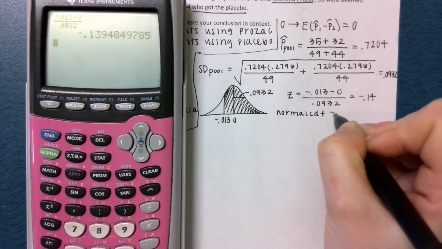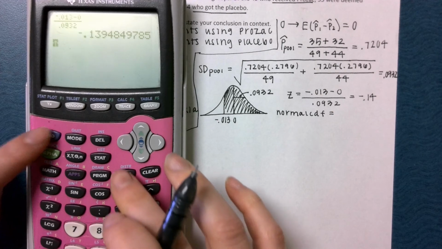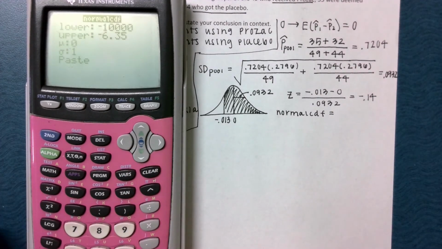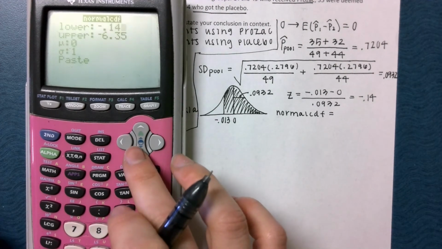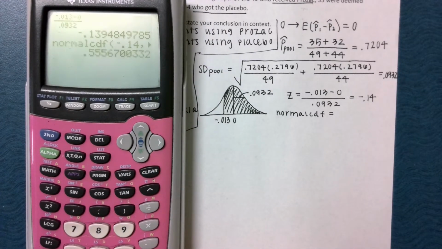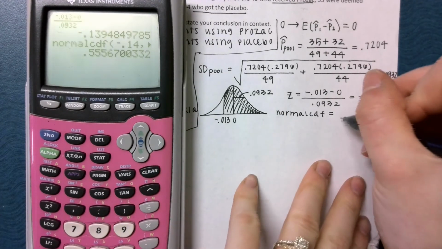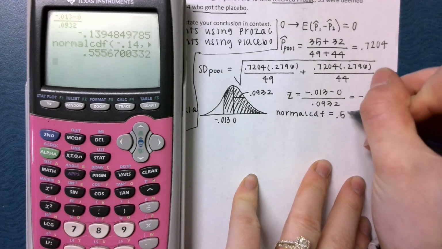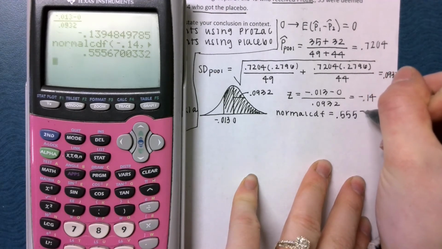Once I have my z-score, I'm going to use my normal CDF. So we get a very large p-value, 0.5557.